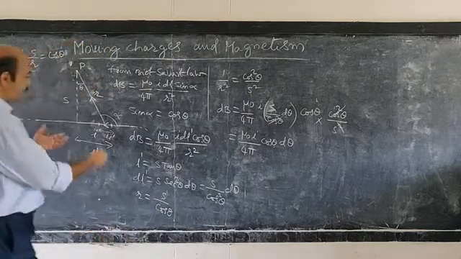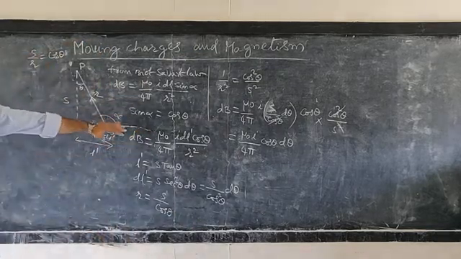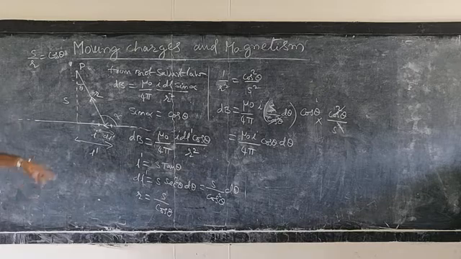Now, since the wire is of infinite length, to know the total magnetic field produced by the entire conductor, you have to integrate between the limits minus pi by 2 to plus pi by 2.